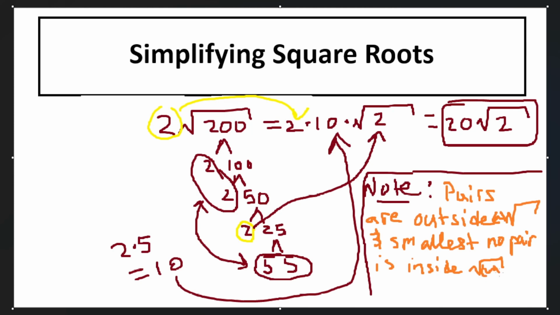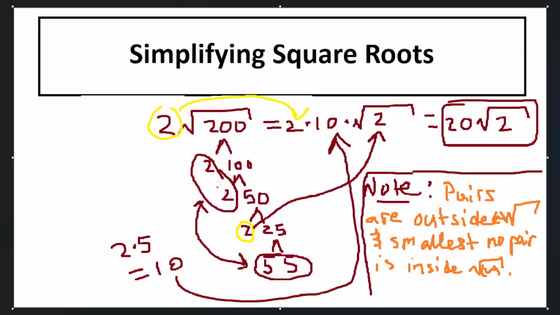This would be this guy. Which we could see with the problem that we just did. The 2 here is the smallest no pair. We can't divide this down any further. And that goes inside of the square root.